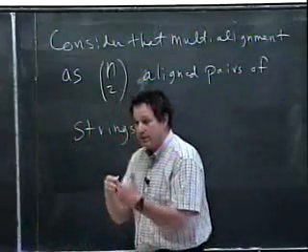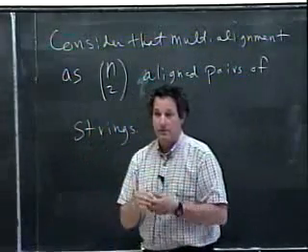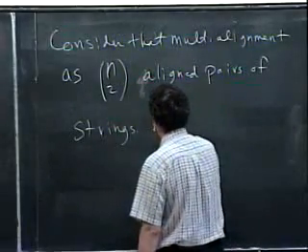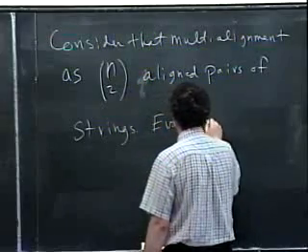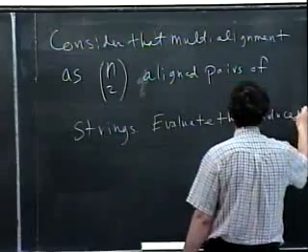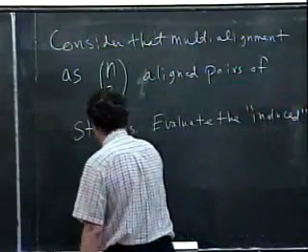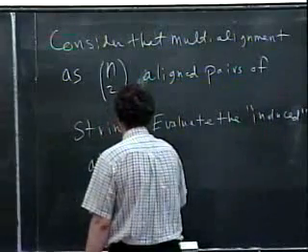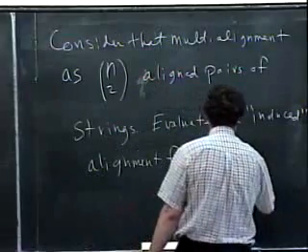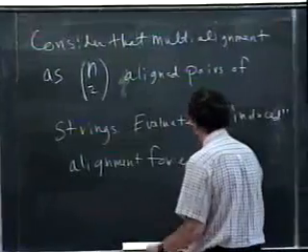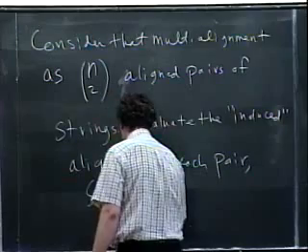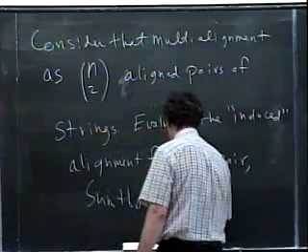So when there's n strings, the number of pairs of strings is n choose 2. And then evaluate the induced alignment for each pair, and then sum those n choose 2 scores.